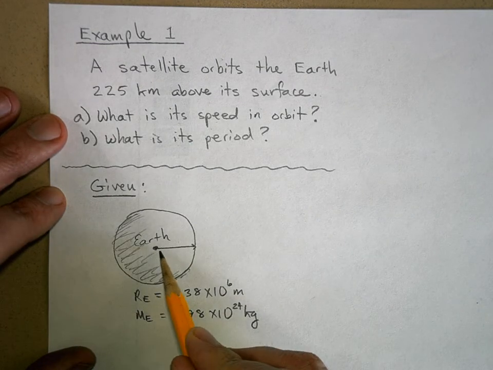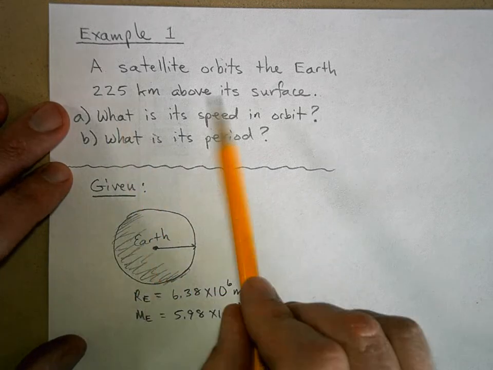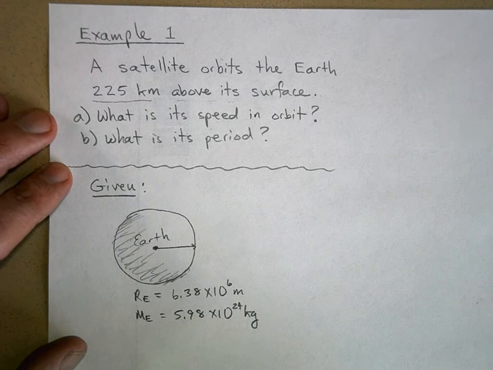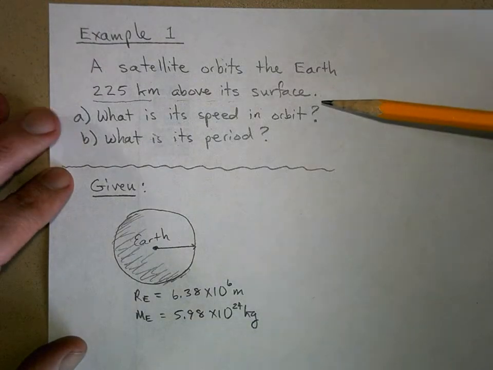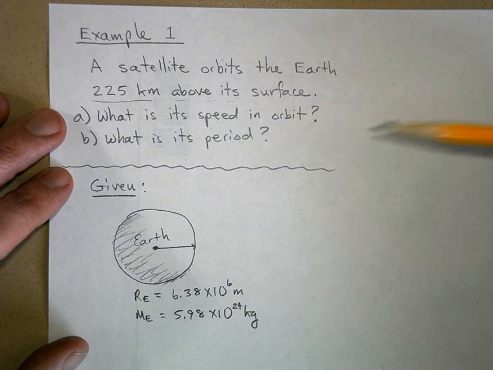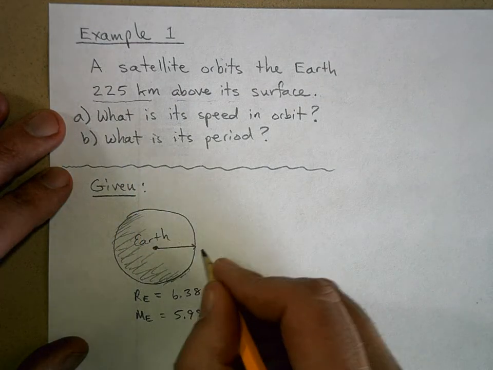Now, here's something to realize. This 225 kilometers above the surface of the Earth, that's the height above the surface. That's an altitude. That is not the radius of my orbit. On this scale, 225 kilometers is actually quite small.